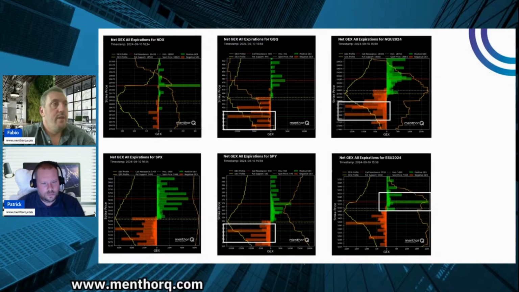So if we look at it in more detail, what are we missing? If we simply use the conversion of NDX or SPX to NQ or ES, we are missing important areas, important data coming from the option chain of the SPY, the QQQ, or the option chain of the future.